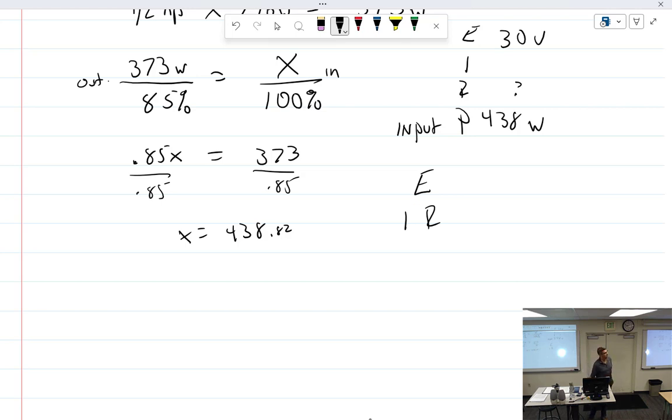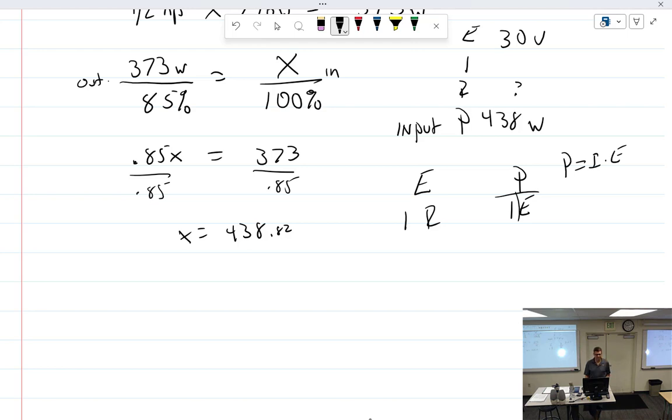What is helpful is pie. It's actually P equals I times E. We have P, we have E, we need I. So it is power divided by 30.